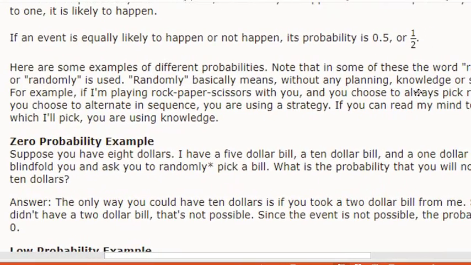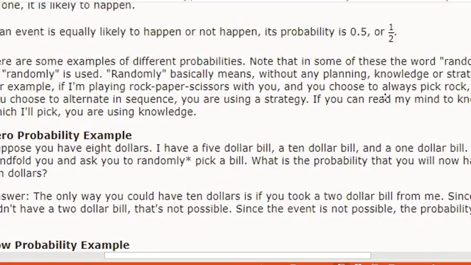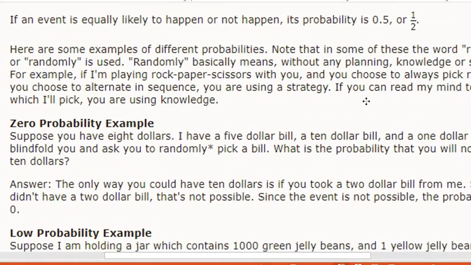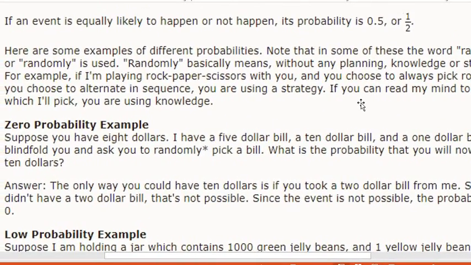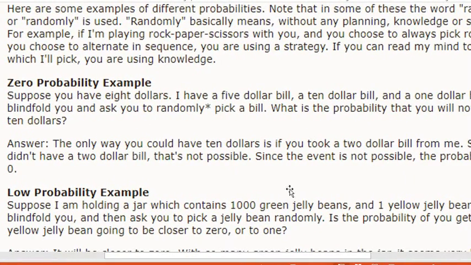For example, if I am playing rock, paper, scissors with you, and you choose to always pick rock, or alternate in sequence, you are using a strategy. If you can read my mind to know which I'll pick, you are using knowledge. Okay, we start with zero probability.